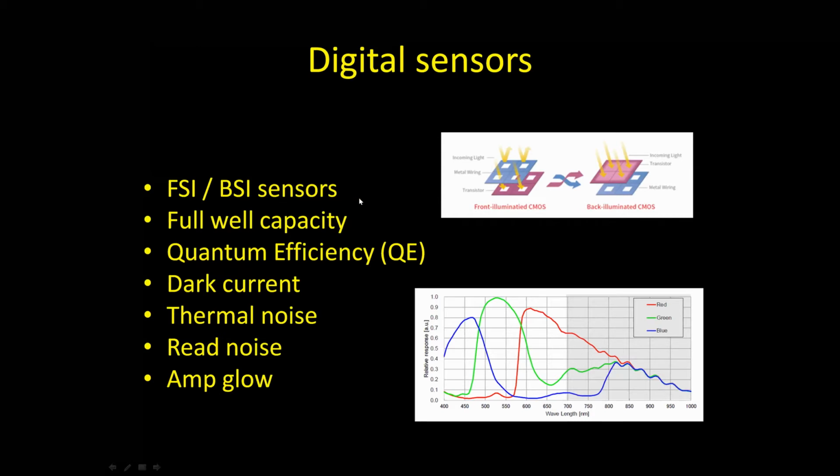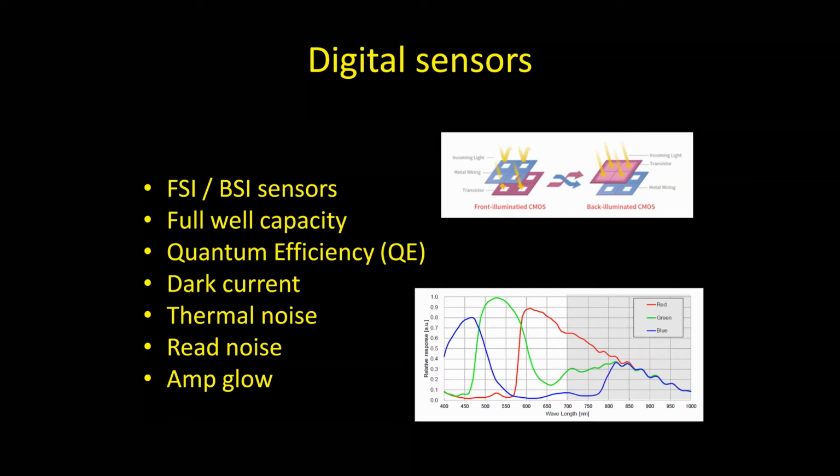So what does that mean? As we mentioned, these sensors are just a matrix of photosensitive elements, right? And these photosensitive elements need to be tied together somehow to the rest of the electronics in your camera and then to your laptop. So there's some wiring involved in there.